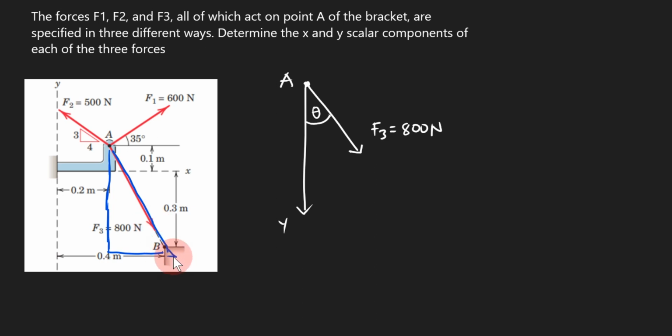From this end here to this end here is 0.4 meters, and from this point here to the middle here is 0.2. So if I need this side here, that will be 0.4 minus 0.2, and that will give me 0.2. So this distance here is 0.2. And for the height, which is this side here, I can add 0.3 and 0.1. That'll give me a value of 0.4.